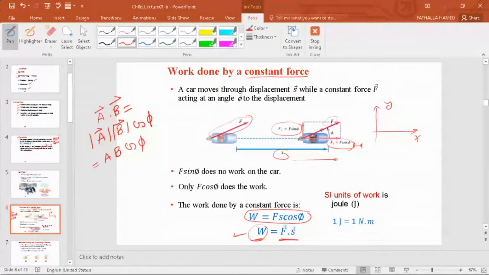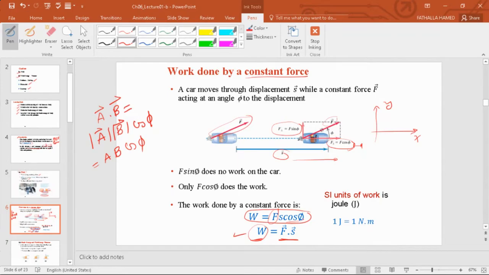And of course, if you want to take the magnitude here, you really have to take the magnitude of the force. That's what we use here as the magnitude of the force. But then we have to multiply it by cosine phi, and cosine phi here will bring in the x component, or the horizontal component, that is doing the work along the displacement.